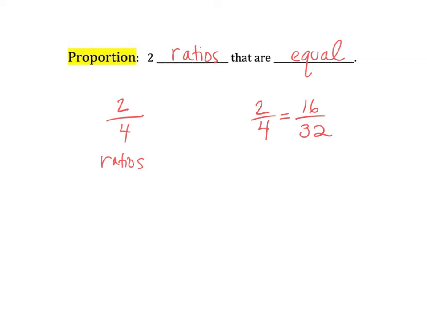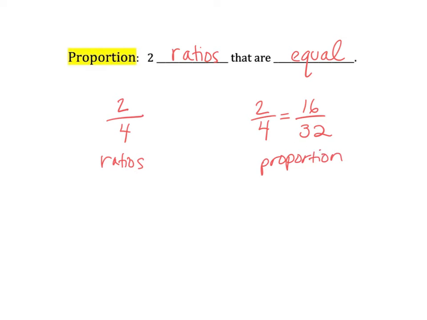And no longer do I have just one ratio, I have a proportion. So a proportion is simply when we take a single ratio and we put an equal sign in between another equivalent ratio. So this right here is a proportion.